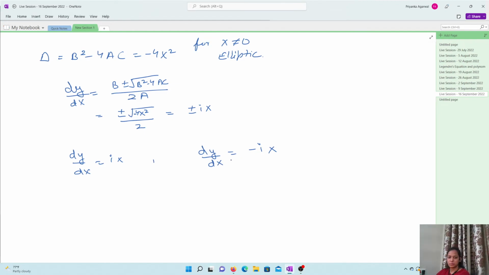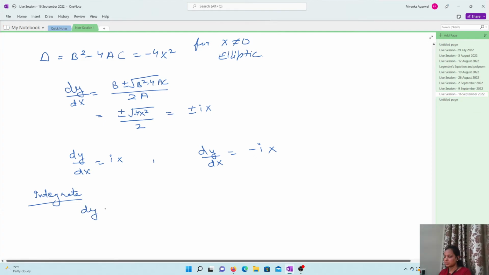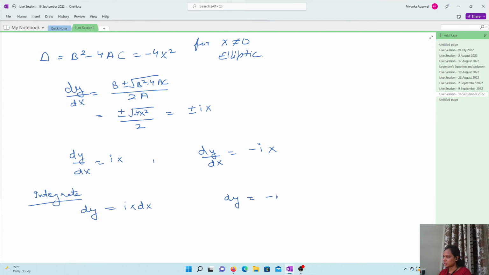Now we have to integrate these characteristic equations and find characteristic variables. So let's integrate first. So this is dy equals iota x dx, and this is dy equals minus iota x dx.